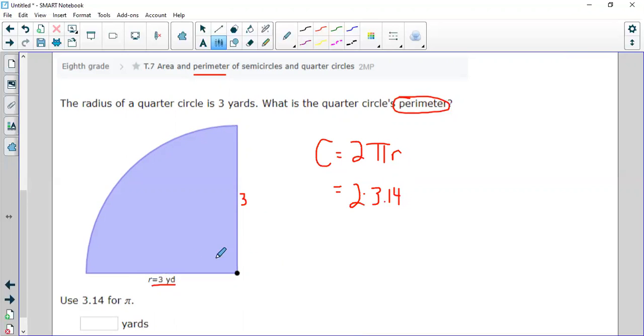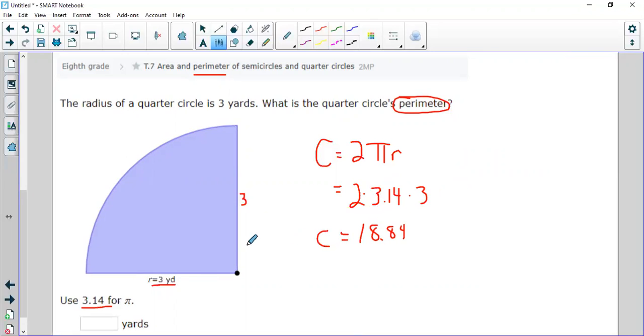They even tell you right in the problem. Use 3.14 for pi times the radius, which is 3. Do some quick calculations here. 2 times 3.14 times 3 is equal to 18.84.